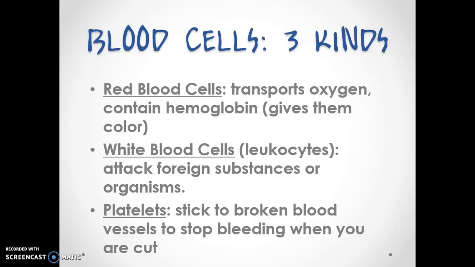White blood cells, also known as leukocytes, attack foreign substances or organisms to fight infection or disease in our body. Platelets stick to the broken blood vessel to stop the bleeding when you are cut or injured.